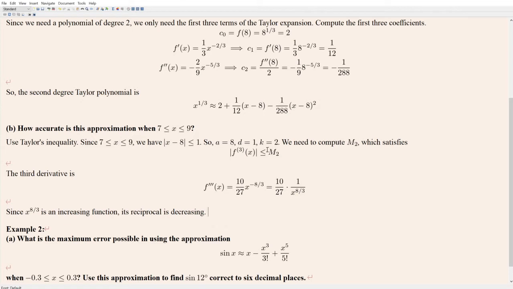Well, we want to find an upper bound on it. So we want this to be as big as possible. For this to be as big as possible, because this is decreasing, we need x to be as small as possible.